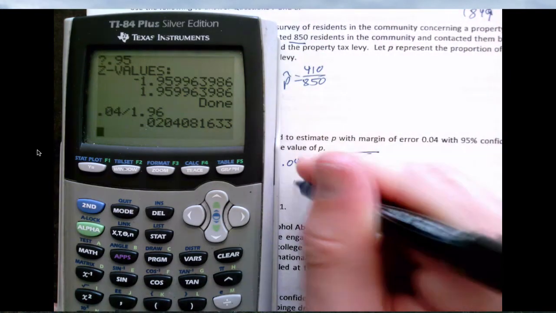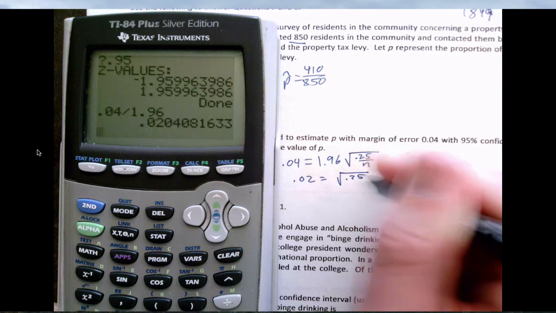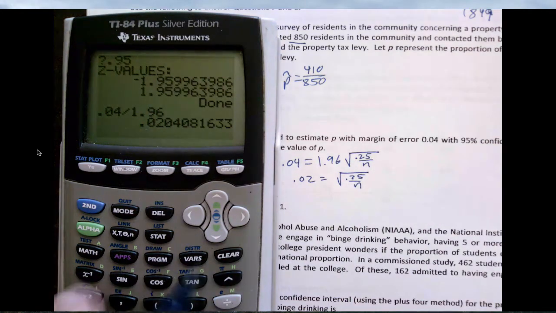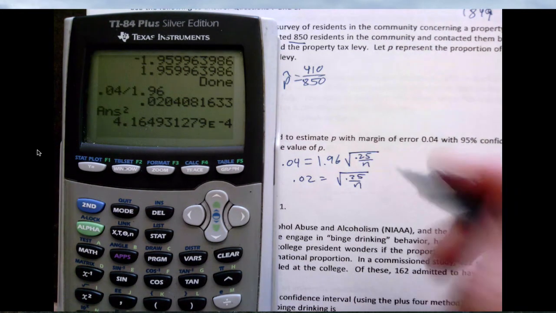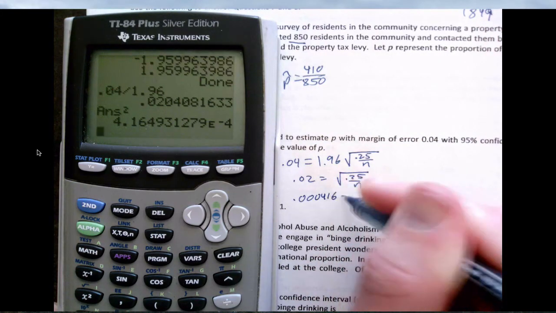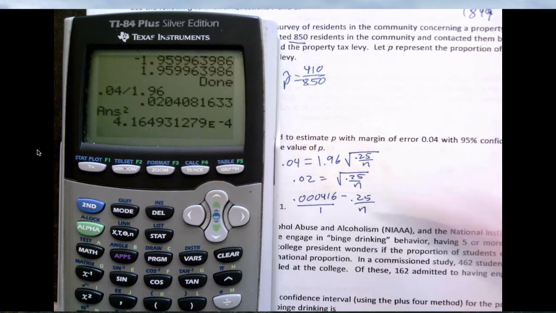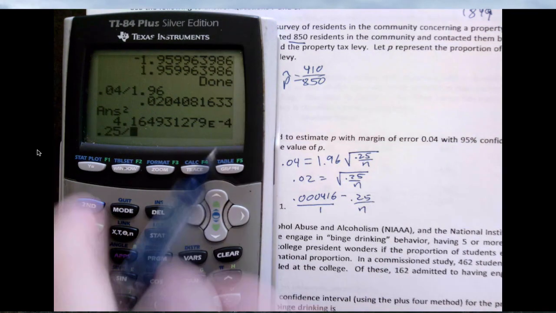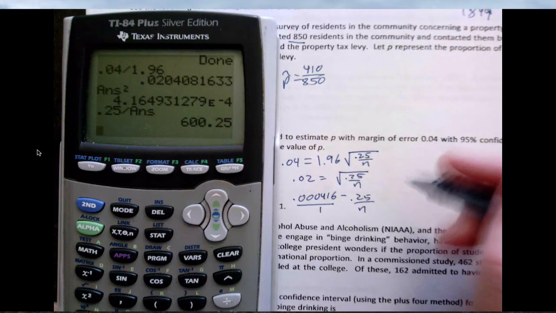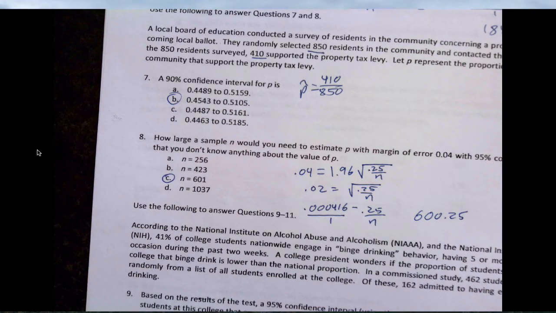So I'm at 0.02 equals the square root, 0.25 over N. I'm going to square that. Get a small number again, 0.000416. I'll put that over 1 equals 0.25 over N. 0.25 divided by the answer is 625. And these we always round up, 601.